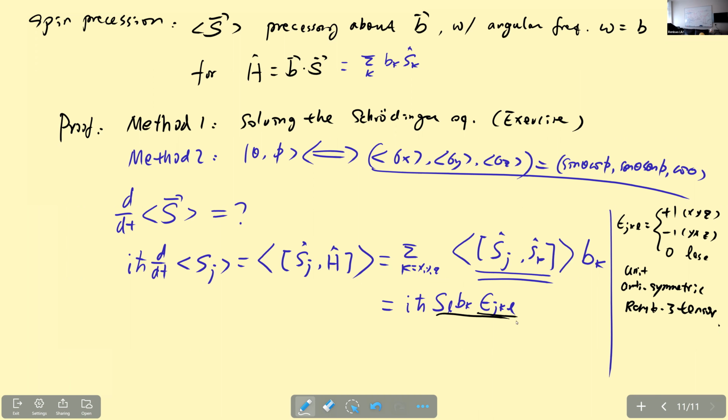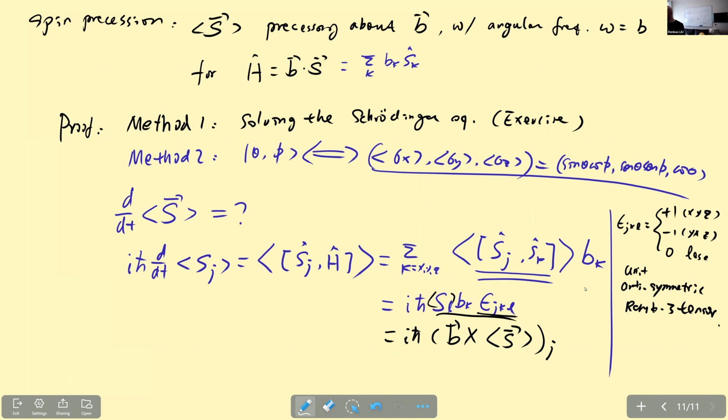And then this one, if we know a little bit of mathematics, is nothing but just i h, B cross product with the average of S, and the j component.